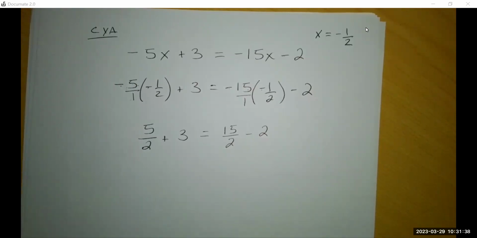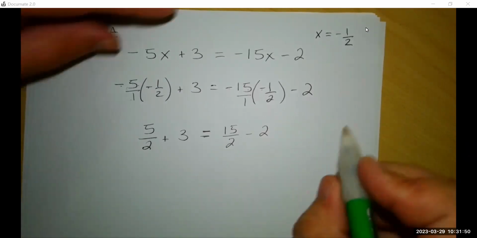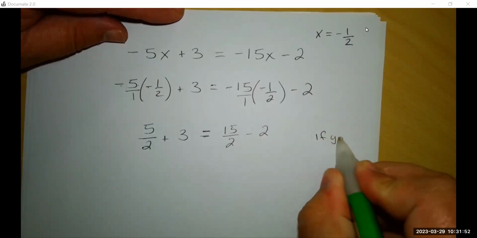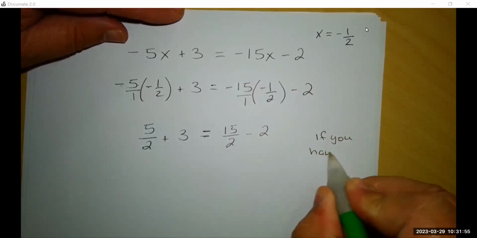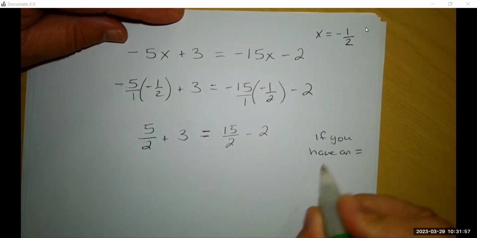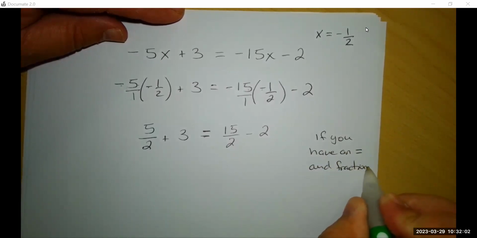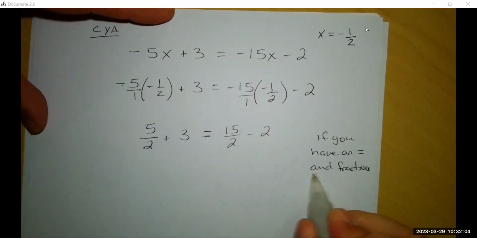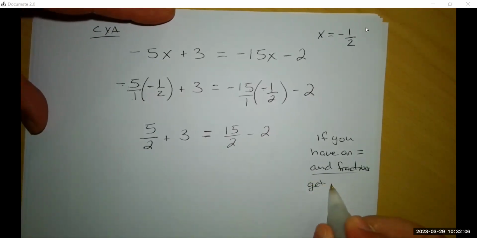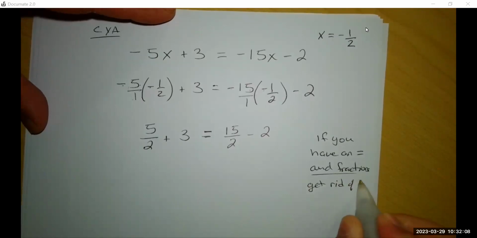Okay, now, let me show you what you're going to be using whenever you have an equal sign and fractions. If you have an equal sign in fractions, get rid of the fractions.